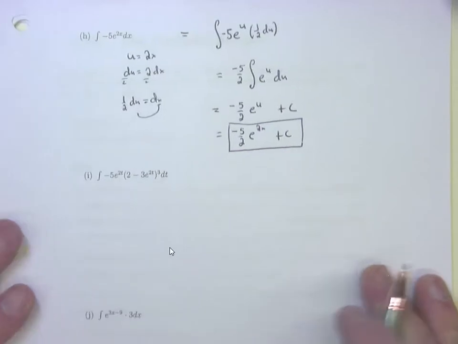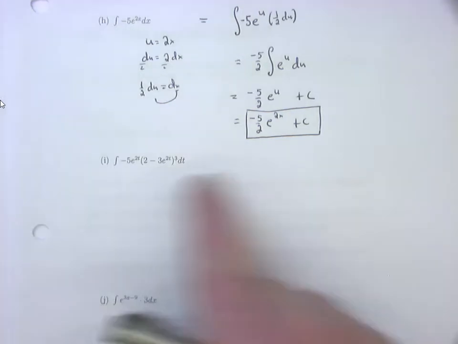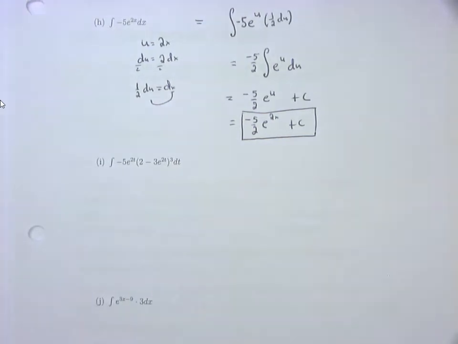Let's take a look at this next problem. The integral of negative 5 e to the 2x times the quantity 2 minus 3 e to the 2x, cubed, dx. Yeah, I see some e's in this problem, but more importantly, what do I see in this problem? Parentheses. In traditional u substitution, you let u equal to what's inside the parentheses.